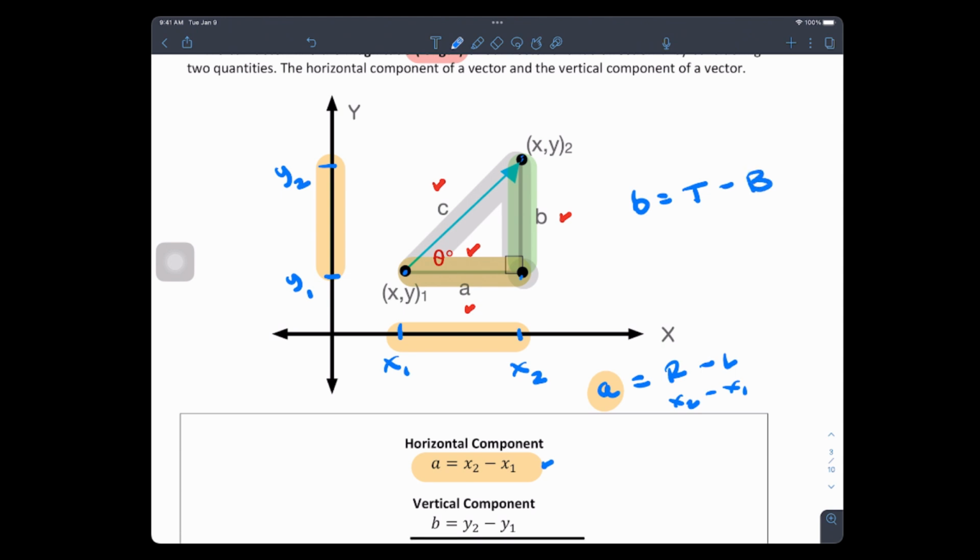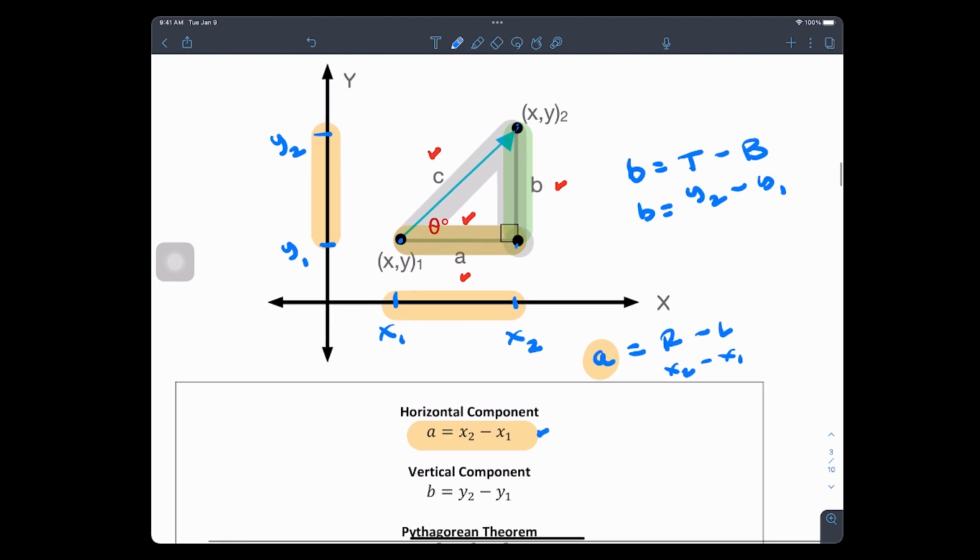Bottom. Okay, you guys okay with that? The top minus the bottom is how you get what we call a vertical length. So that's y2 minus what? y1 here. So you might say, is that how they got that vertical component here they're calling? Yes.